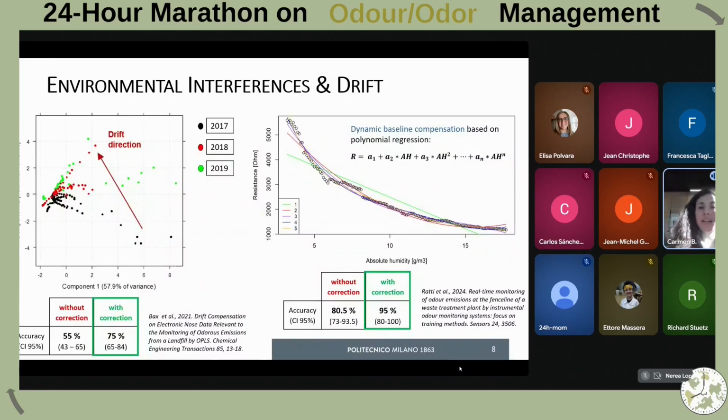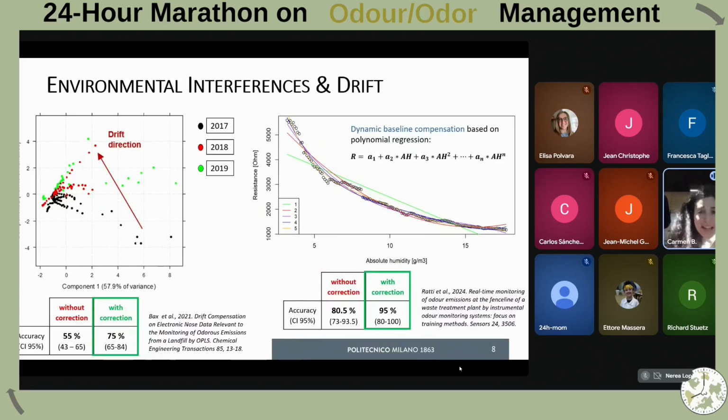We try to implement software compensations for the correction of drift effects on sensor responses. In these slides I report the improvement in the classification accuracy of the instrument that we obtained after applying the correction of drift effects on the sensor signals, considering training data sets collected over three years at a landfill that we monitored for this specific application.